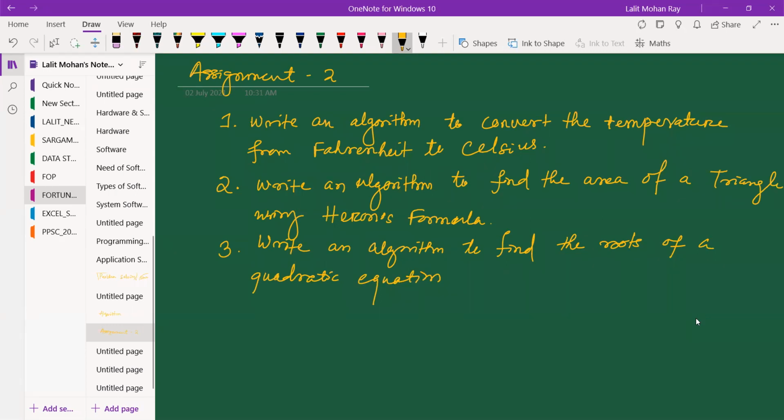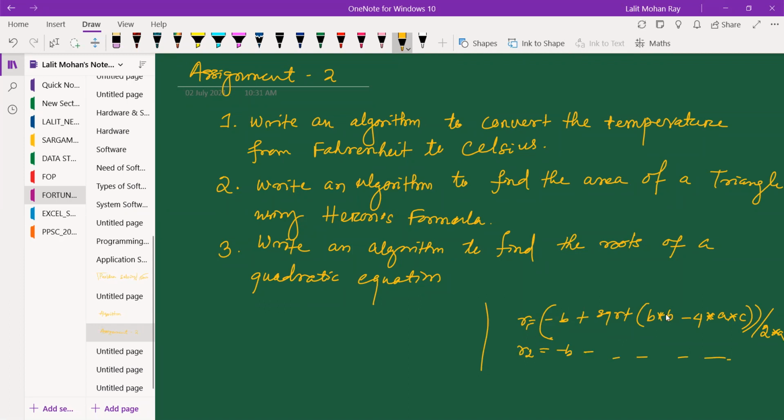Here you don't check whether the discriminant is greater than 0, less than 0, or equal to 0. You simply write that R1 equals minus b plus square root of b square minus 4AC, whole divided by 2A, and in R2 this is minus b minus, right?